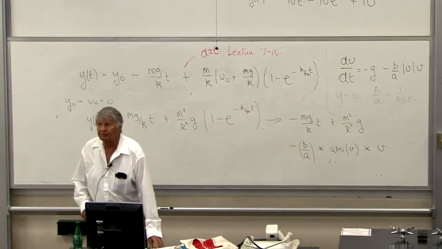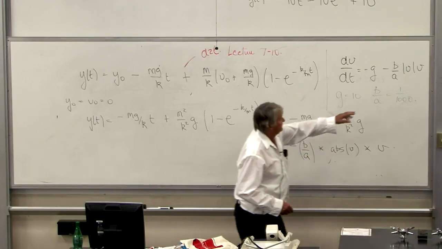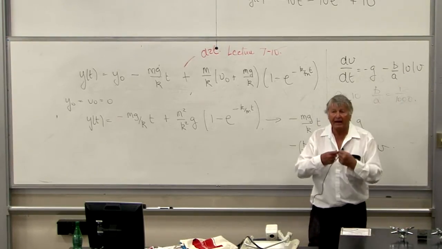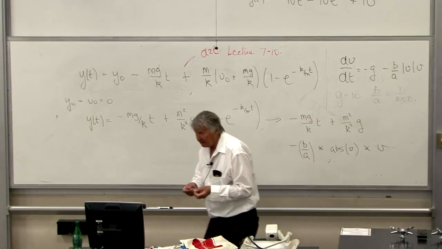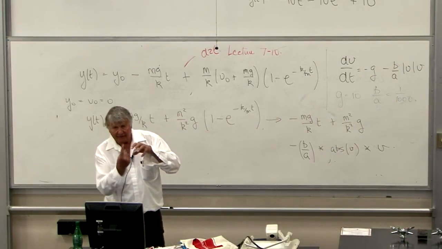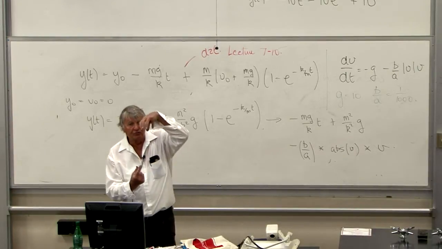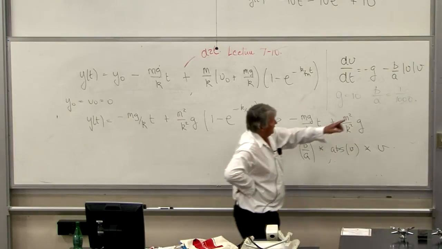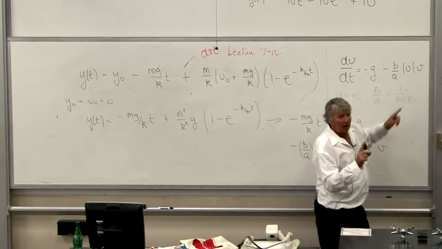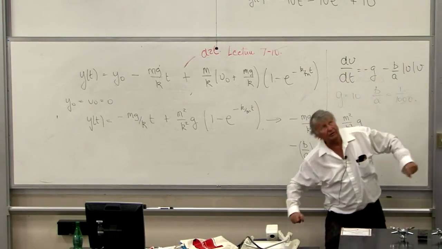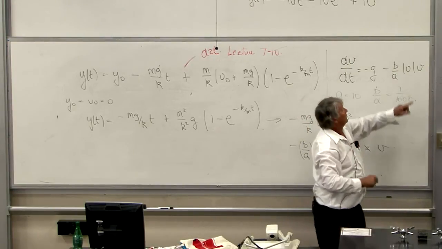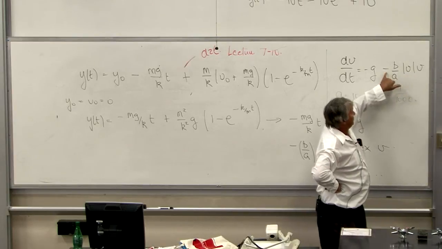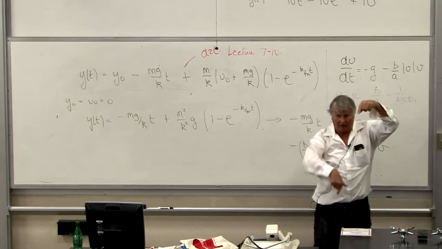Now you might say, well, why is it the absolute value of v? Because we know the magnitude is v squared, but the force must oppose the actual direction of the velocity. So for instance, if v were up, v were positive, we throw the thing up first. Then that's positive, and the force is negative, which is down.